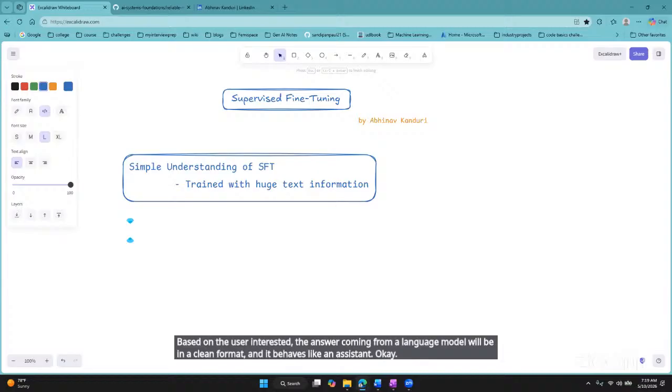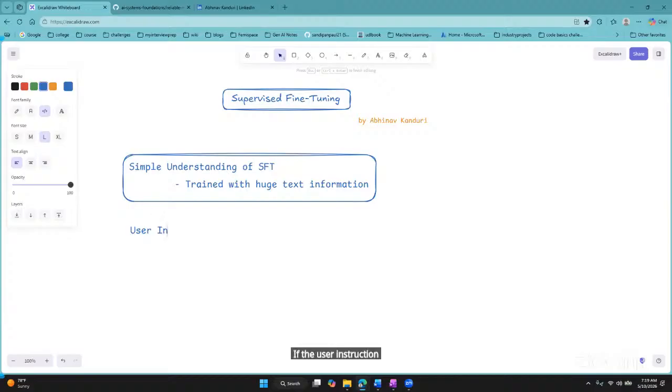So if you change your prompt or your instruction, if the user instruction changes, the ideal response from the assistant should change as per the user need.